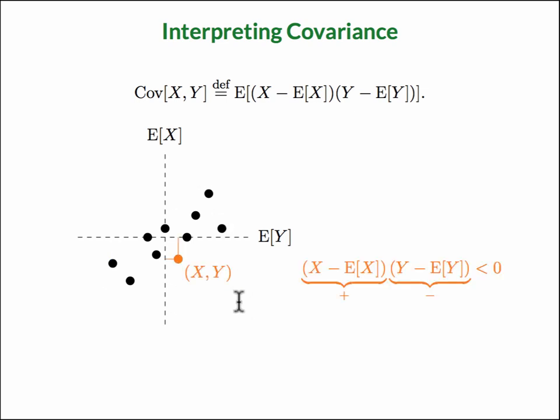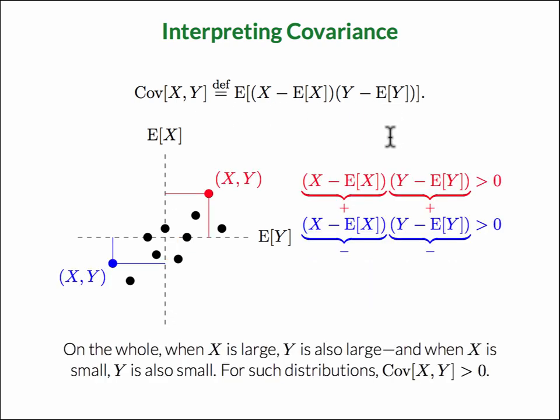Of course, there are also outcomes that contribute negative values to the covariance, like the one highlighted in orange here. This point has an x value which is above the mean for X, but a y value which is below the mean for Y. A positive times a negative is negative, so this outcome actually contributes a negative value to this covariance.